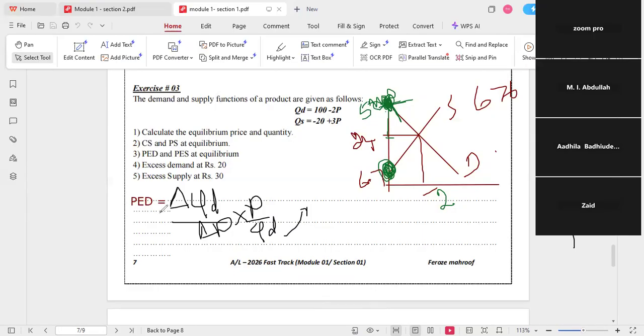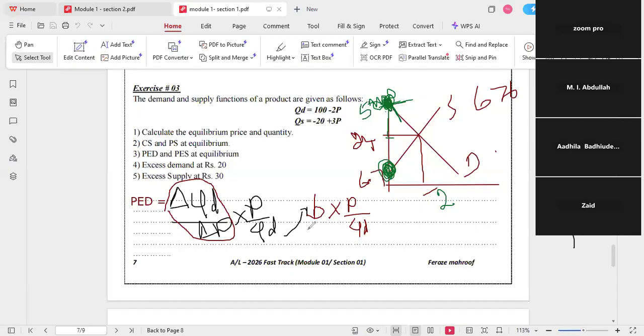Delta QD over delta P is given as B. We write delta QD over delta P as B because delta QD over delta P is the slope.